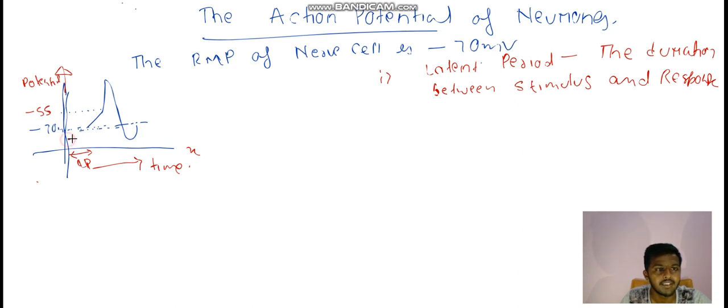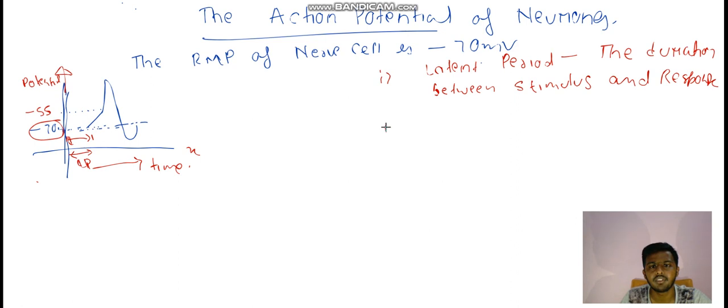So this is the time after putting the stimulus. So this is a time taken for response to start. So initially the cell is in resting membrane potential. Here minus 70 millivolt. This is a resting membrane potential. After a stimulus generated, the cell started getting excited.